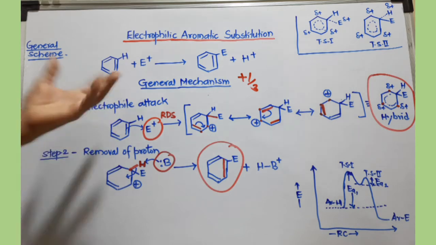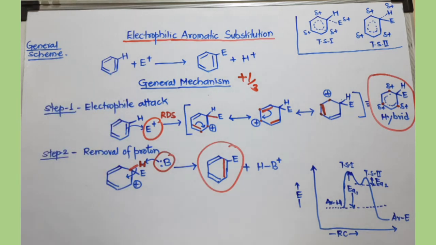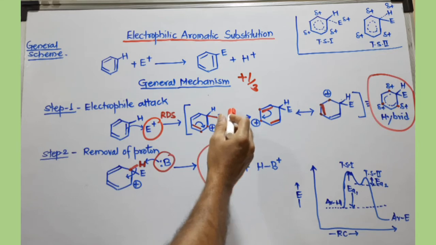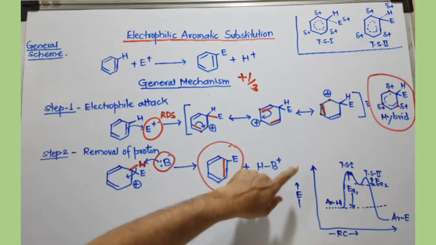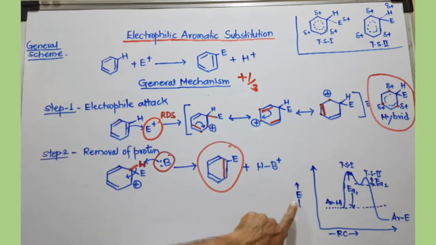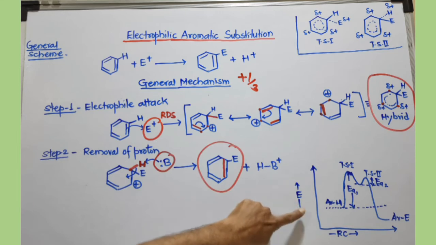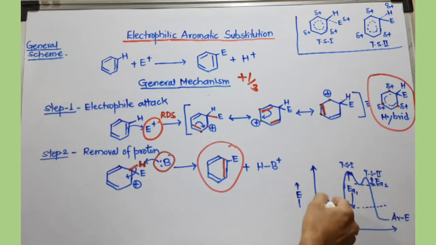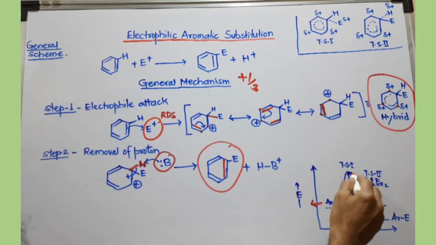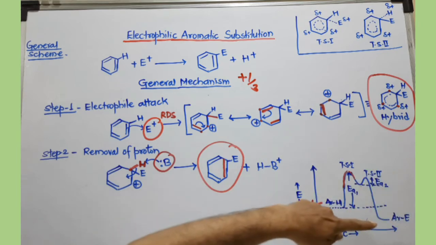Now the energy related to first step and second step, you can draw here by using this energy diagram. So on this axis I have taken energy. So this is the energy of our starting compound, this benzene ring. Now once that reaction is started, this is the first energy barrier which should be overcome if you want to have that reaction or that product.